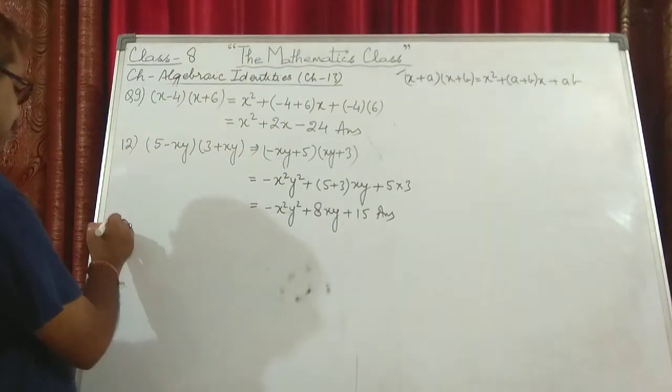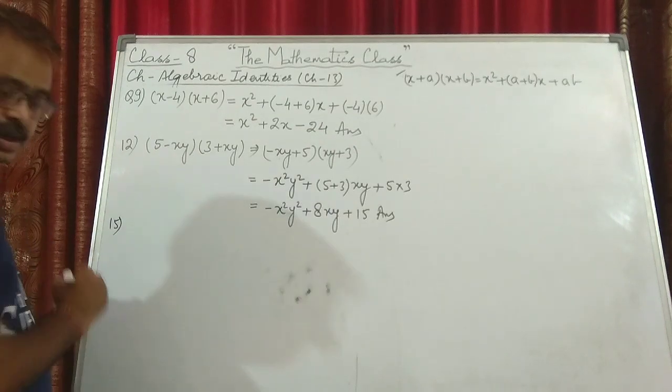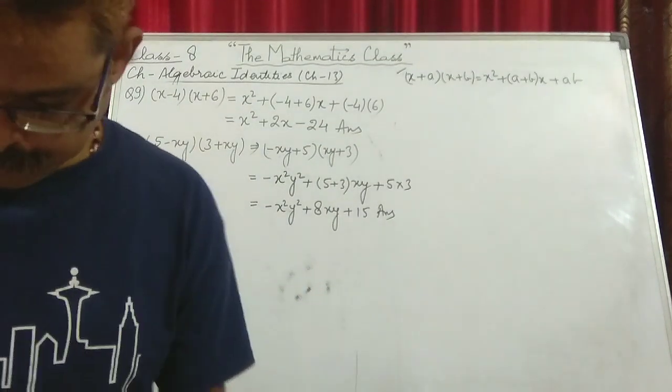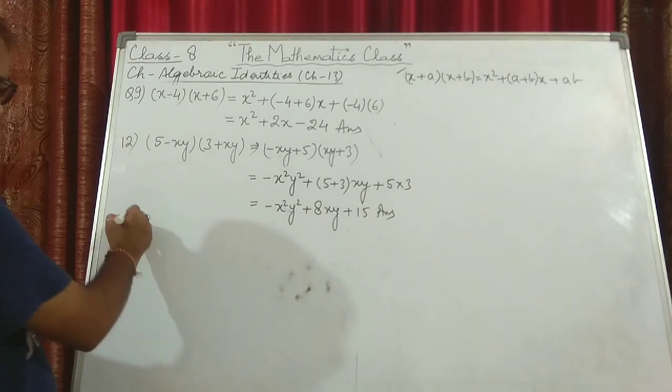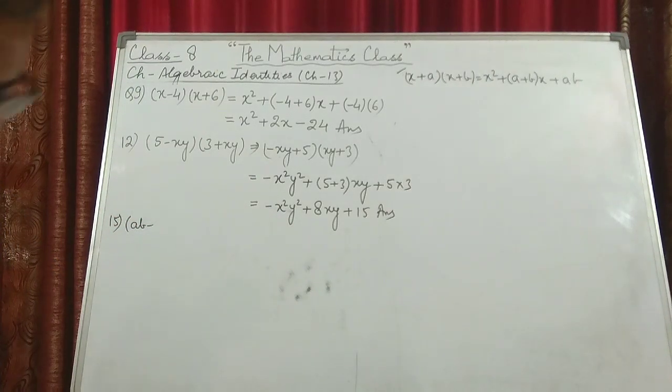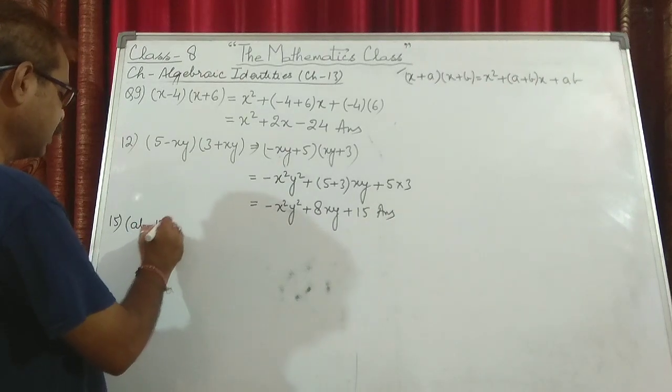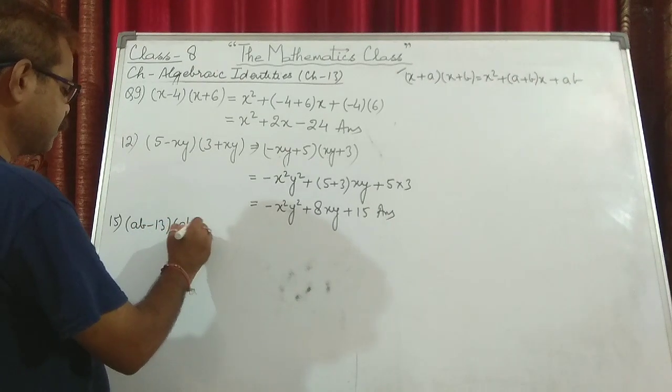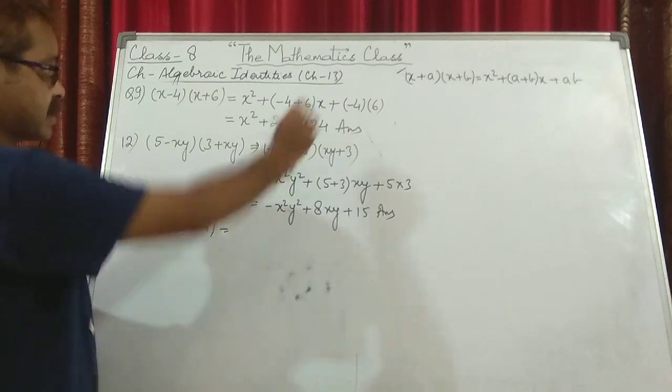Now we move on to the 15th question. Let's see what the 15th question is: (ab − 13)(ab − 4). Again, the same formula.